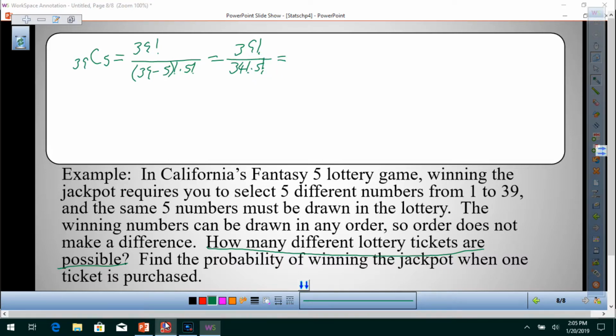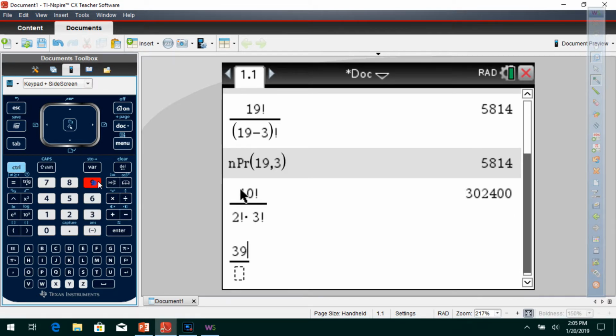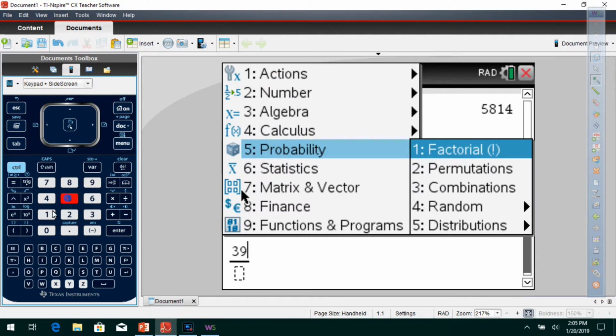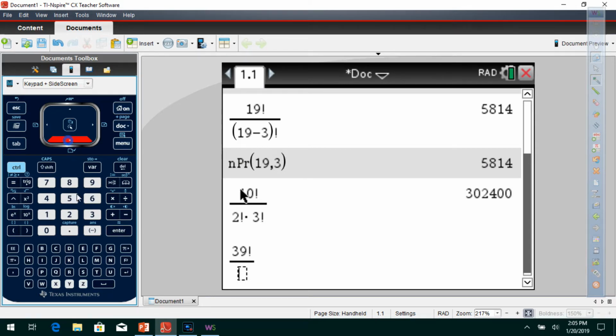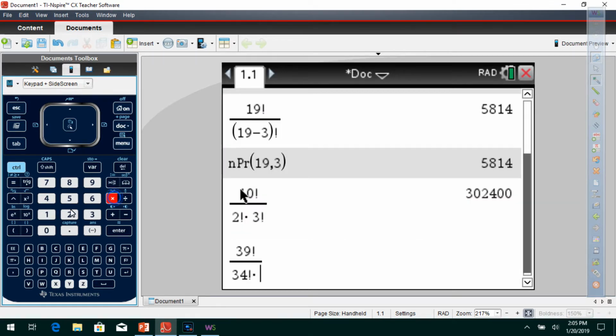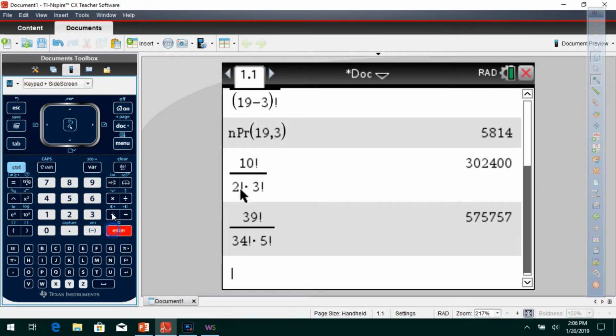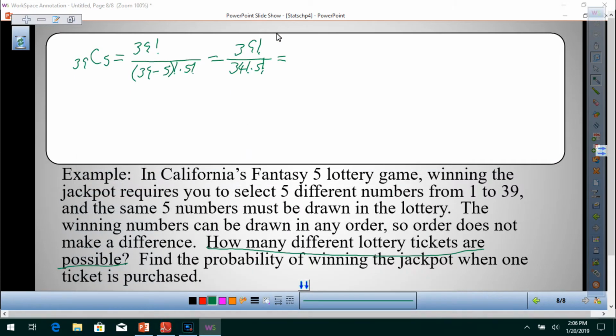And let's just use a calculator. Control divide, 39 menu 5 1 over 34 menu 5 1 times 5 menu 5 1. And that comes out to 575,757.